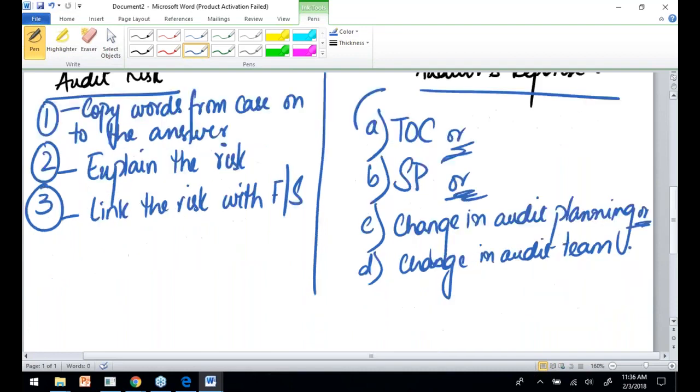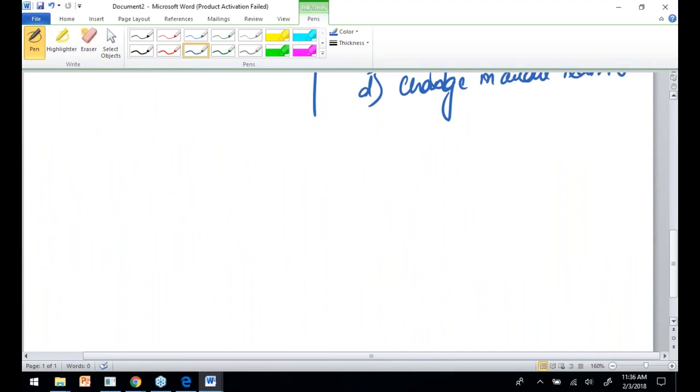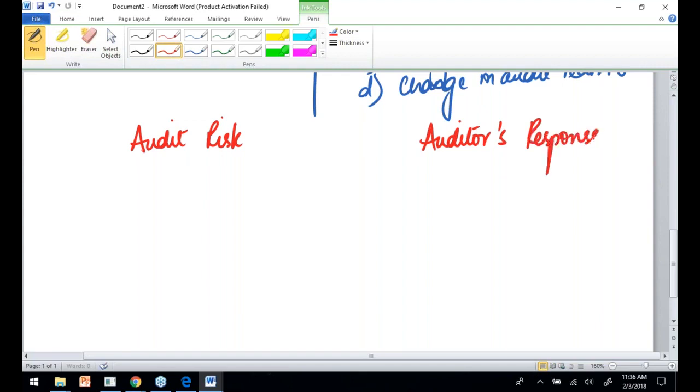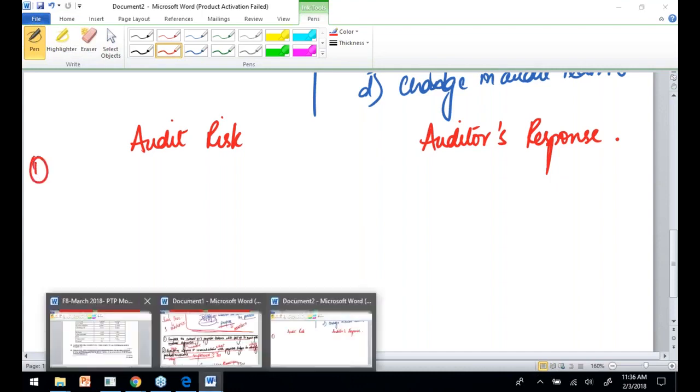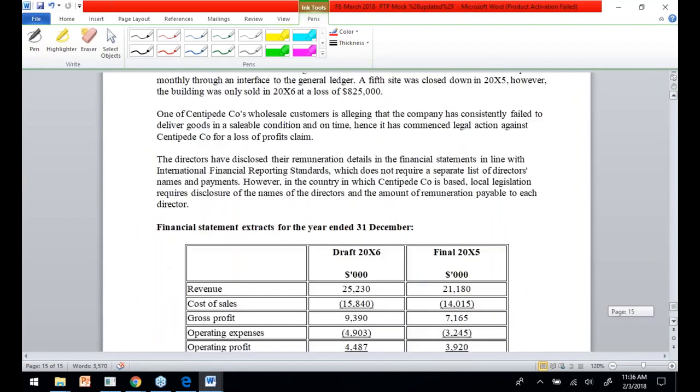Now, how do you do this in the exam? Let's do one example. Audit risk, auditor's response. All right. One. Let's do the easy one. Let's move forward.